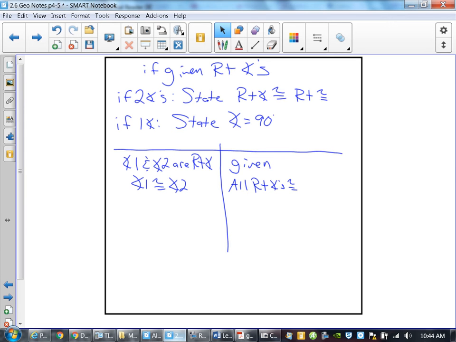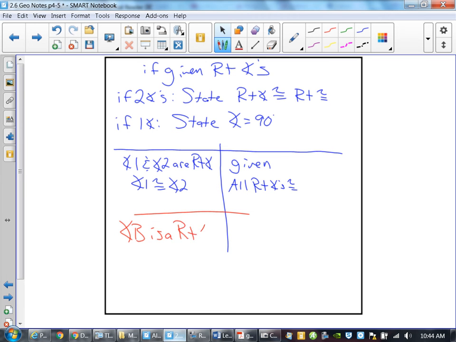Okay? And then the other version of that would have been angle B is a right angle. If that's given, then you can say angle B equals 90. What do you think my reason for that would be then?